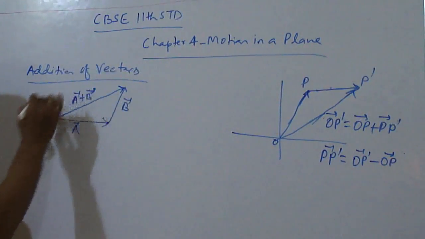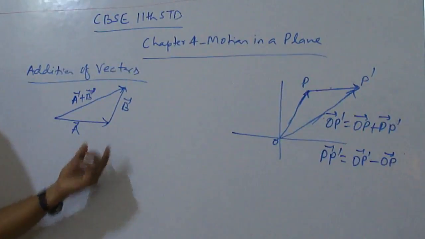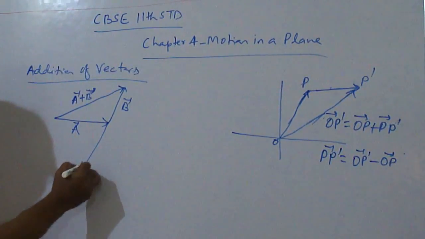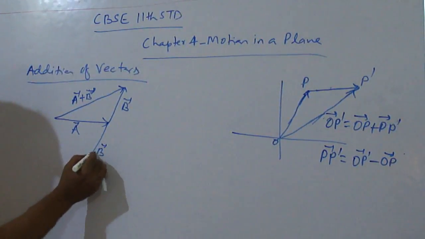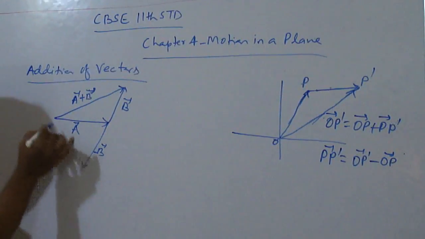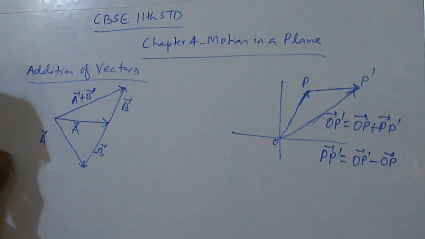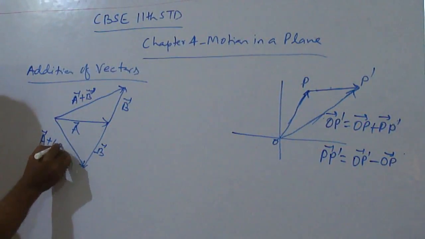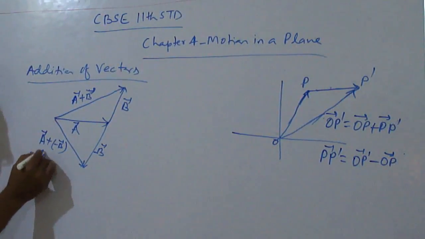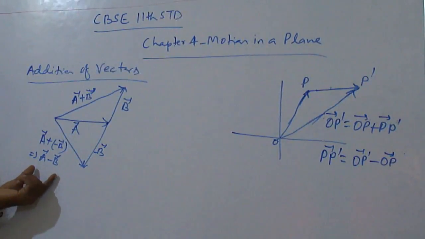Now you have understood how a negative vector is there. When you reverse the direction of a vector, its magnitude is minus. The same vector can be added here like this, and it will become A plus minus B vector, which can further be written as A minus B. But we will not be calling it that.